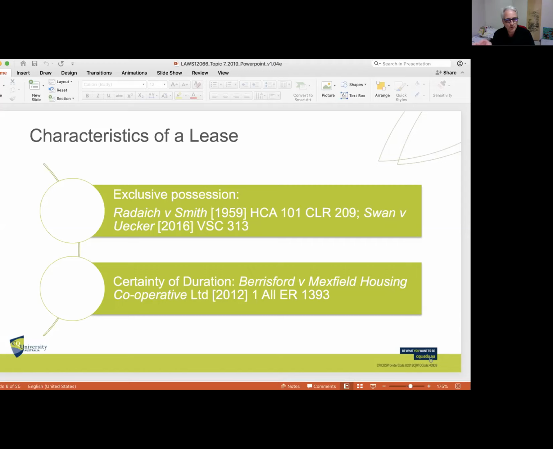The notes also refer to the more recent Swan and Eka decision of 2016. That involved an Airbnb scenario. So you might like to think about how exclusive possession works in the context of an Airbnb type scenario, and see what the Victorian Supreme Court resolved in the Swan and Eka case.